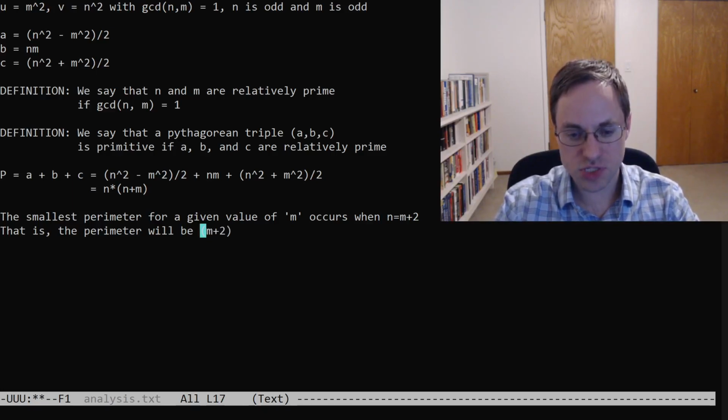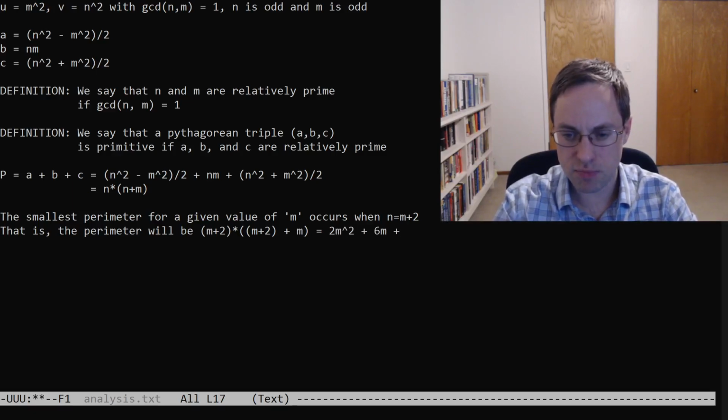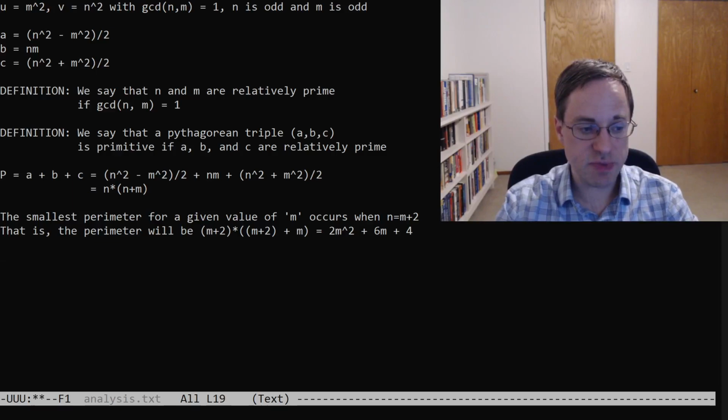That's going to be m plus 2 times m plus 2 plus m. And that's going to work out to 2m squared plus 6m plus 4. And we can set that to be less than or equal to 1,000.